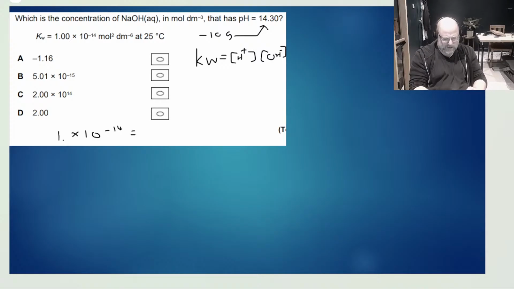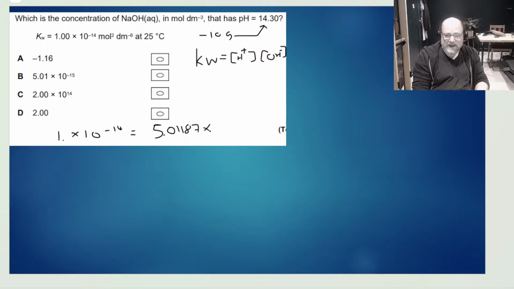Not minus log. Shift log minus 14.30. And that gives me, okay, so my hydrogen ion concentration is 5.01187 times 10 to the minus 15, times OH minus.